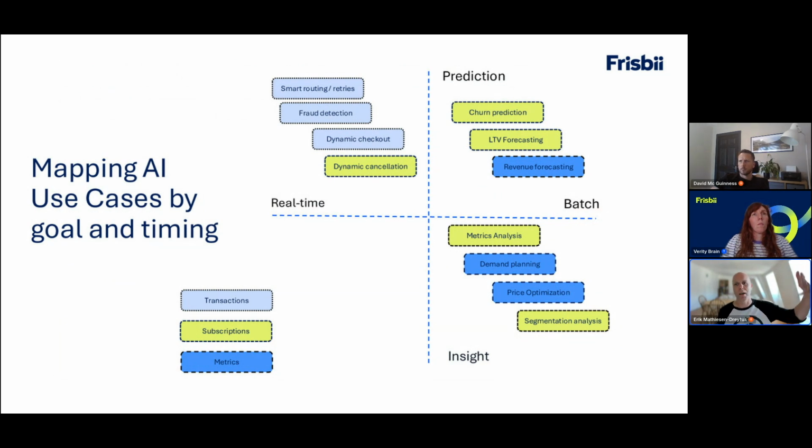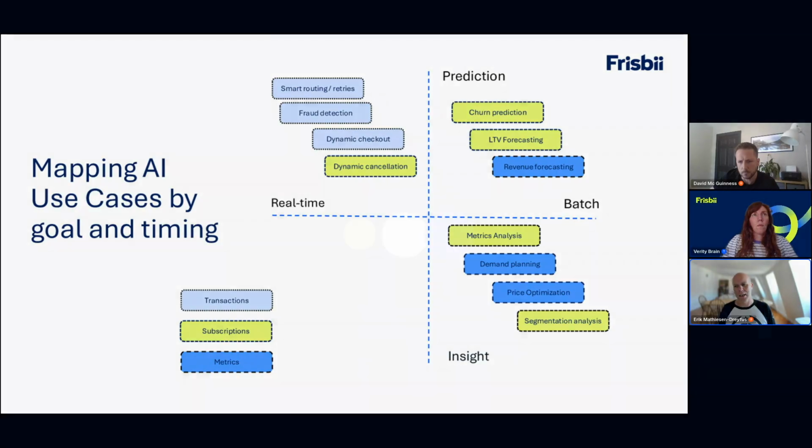We're trying to optimize pricing. Again, it's an insight exercise. It's not necessarily a prediction as much as an insight we're trying to get out of it, and it's not happening in real time. It's happening whenever we want. You might think of a lot of other use cases, but I think this covers a lot of the ones we can currently think of in the revenue space.